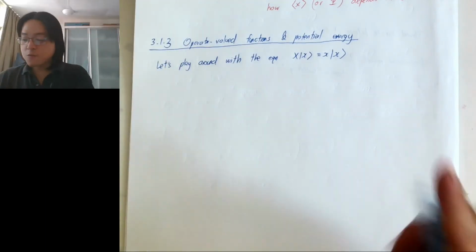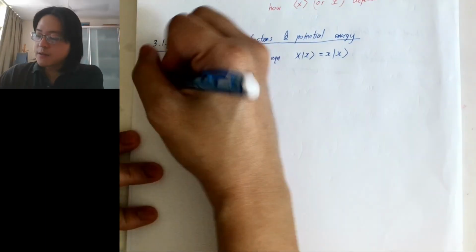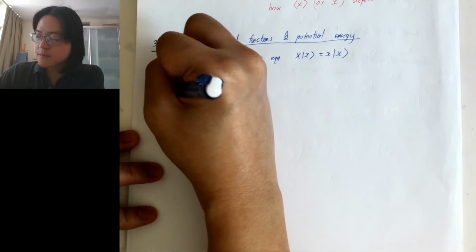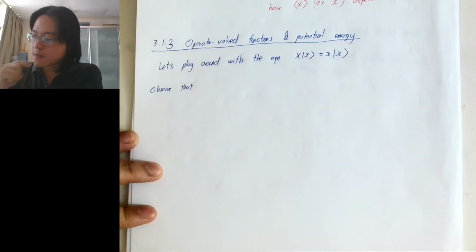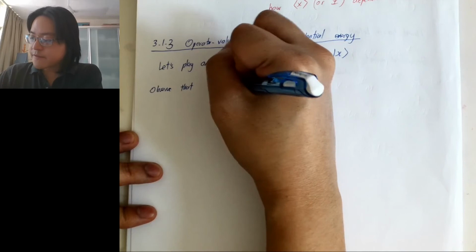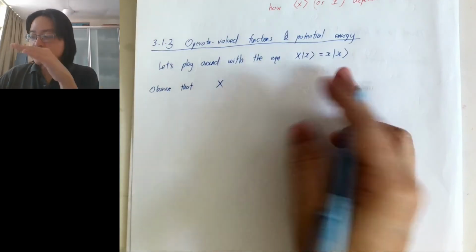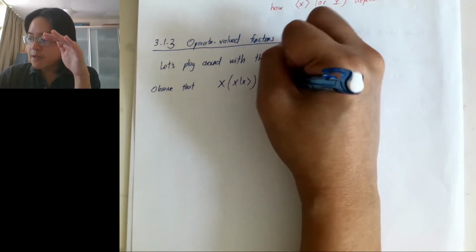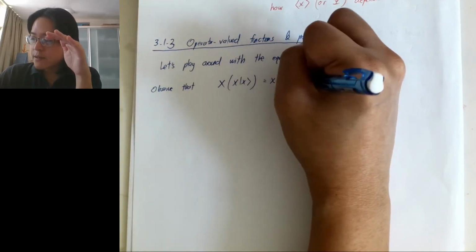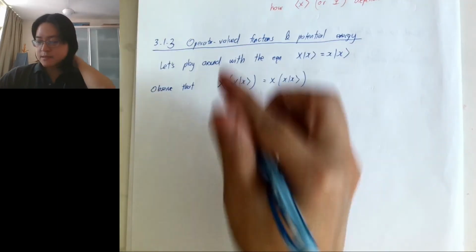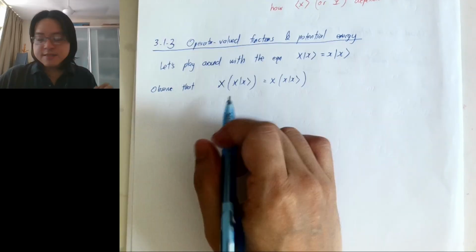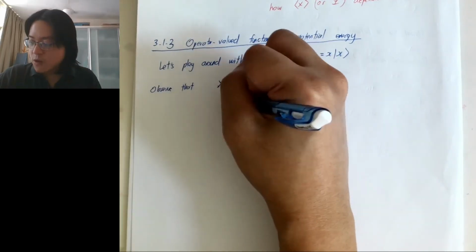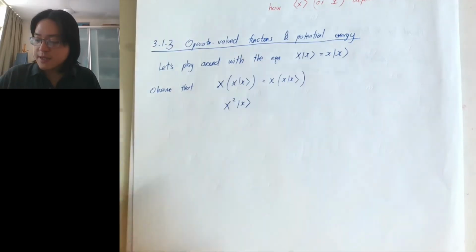So what do I mean? Well, let's observe that. If I operate x on both sides, it's like multiplying both sides by the operator x. This means operating x twice on my eigenstate.